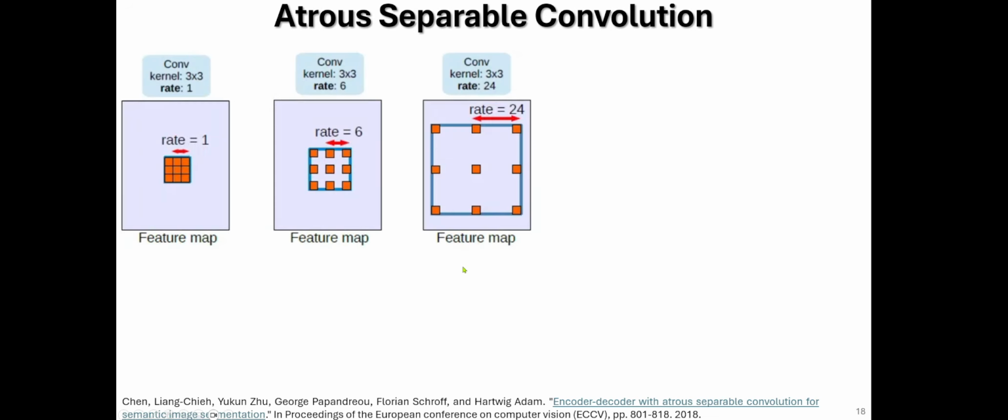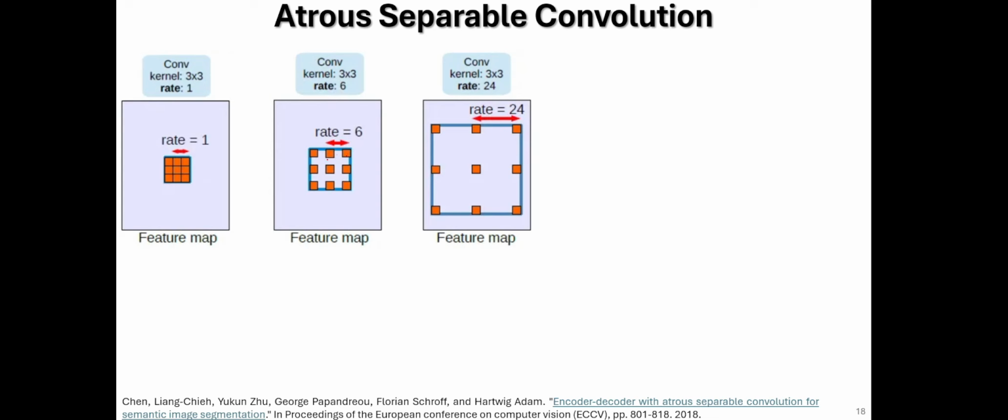Okay, so the Atrous separable convolution is something like this. You have a convolution layer, let's say 3 cross 3, and this has a rate of 1, which is nothing but a simple 3 cross 3 kernel. But if you have a rate of 6, it means you have zeros between the kernel elements: 1, 2, 3, 4, 5.